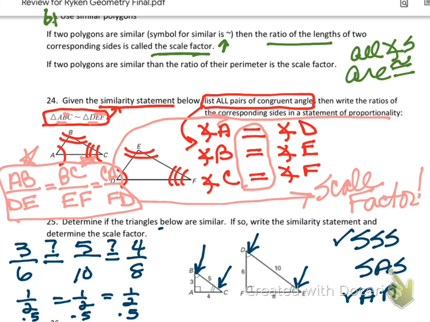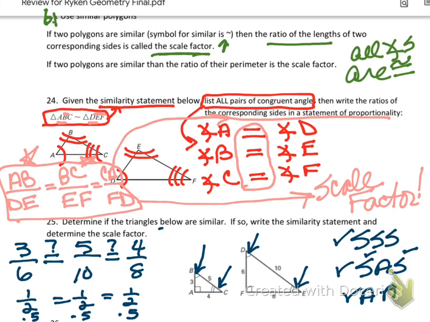I can also do side, angle, side similarity. The sides are in proportion. Why don't I say 5 is to 10, just like 4 is to 8. Those are these 2 sides, and the angle in between with the 2 hash marks are both equal.